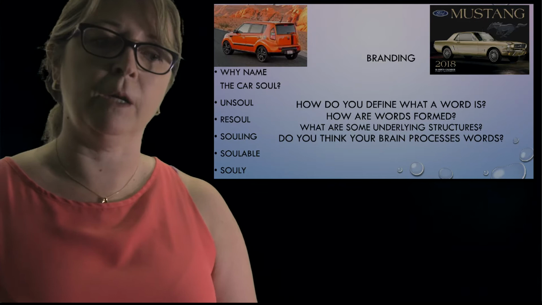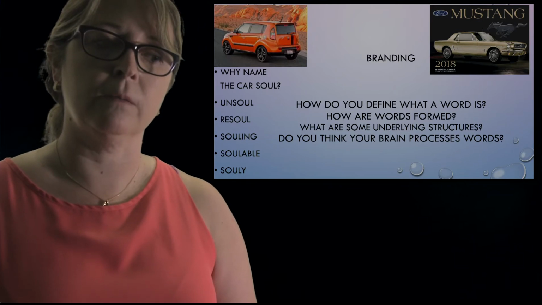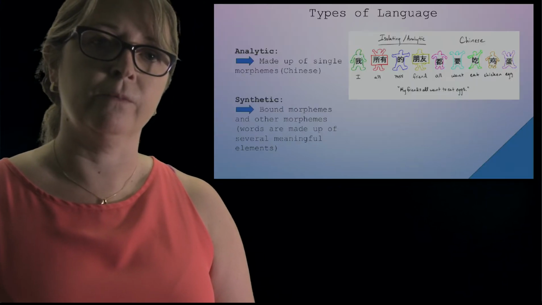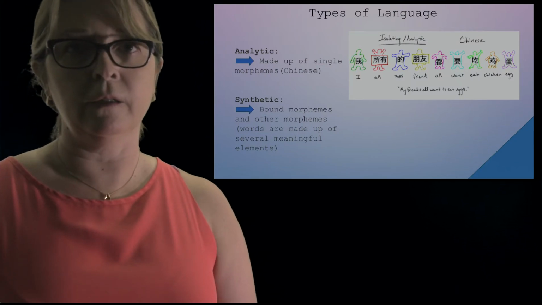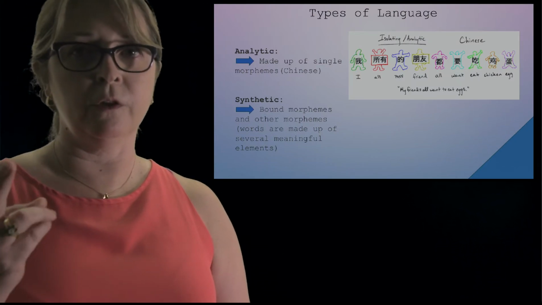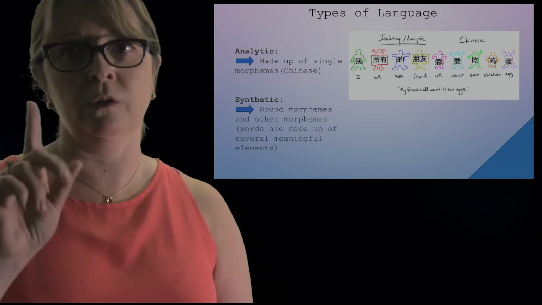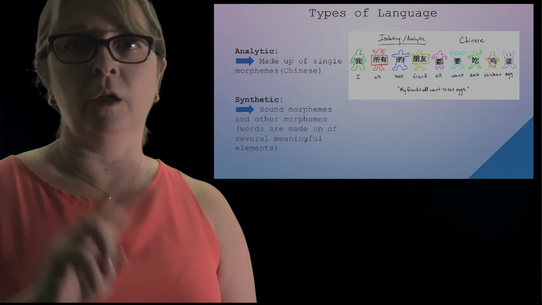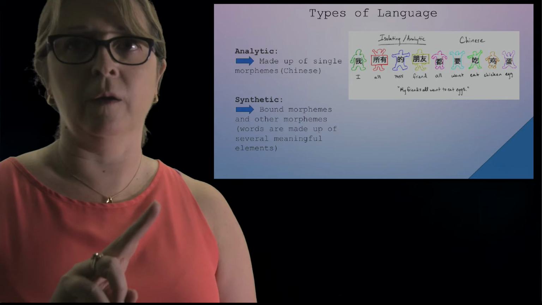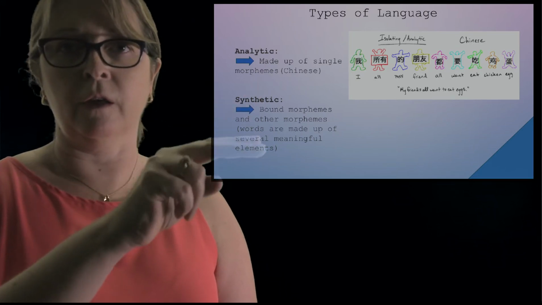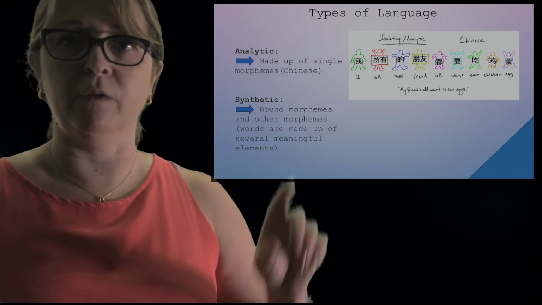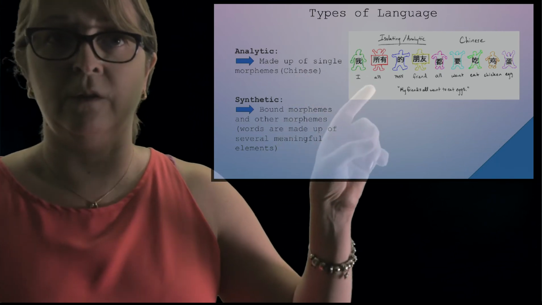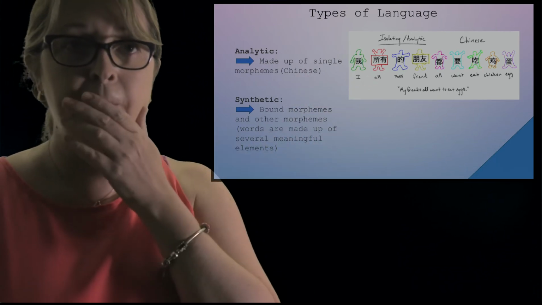Again, let's think about this. Now we have types of language. There are two different types of language. One is analytic and one is synthetic. And then under synthetic, we'll review different types. So analytic is made up of single morphemes, such as in Chinese.